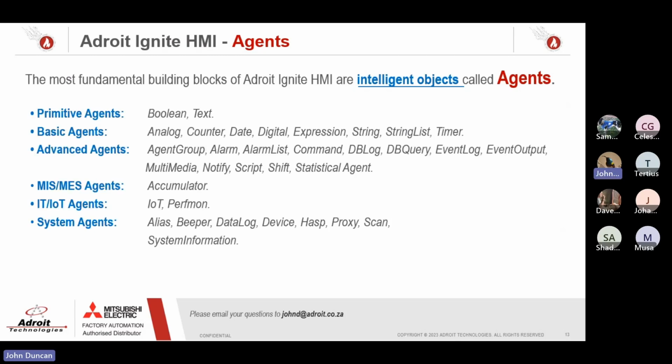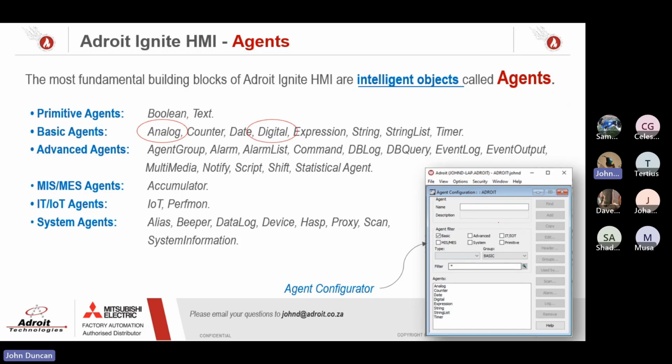But if we have a look at our different types of agents that we have, the more common ones that you would be using would be your analog and your digital agents coming in from your field. But as you can see, there's multiple other agents that are available. And they are all configured through our agent configurator, which I will be showing you once we get into the designer. Here you set up your alarming, your scanning, and your logging for the various agents.